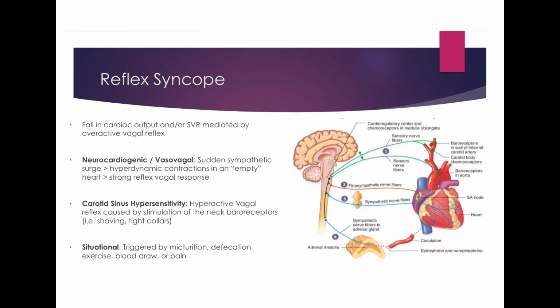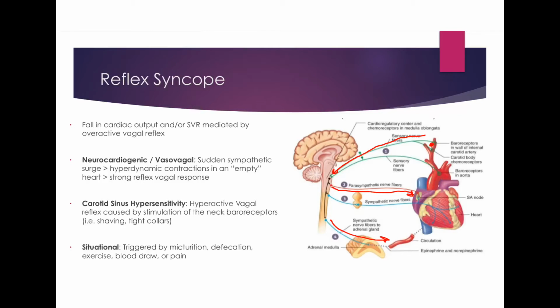Whenever these are stimulated, they carry signals via cranial nerve 9, or glossopharyngeal nerve, to the brainstem, and parasympathetic output is mediated by the vagus nerve, which would go to the sinus node in the heart, as well as affect sympathetic fibers going to the smooth muscle in the arterioles.